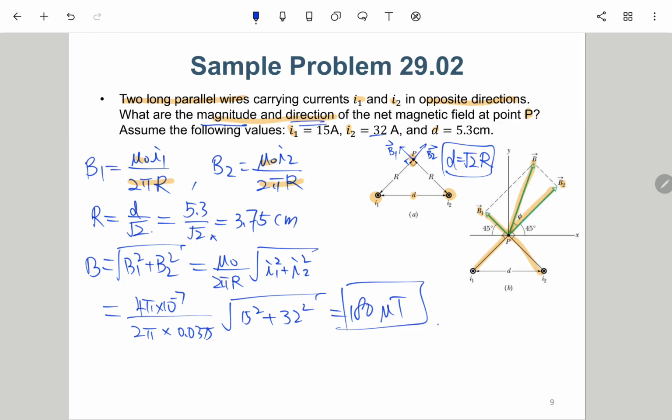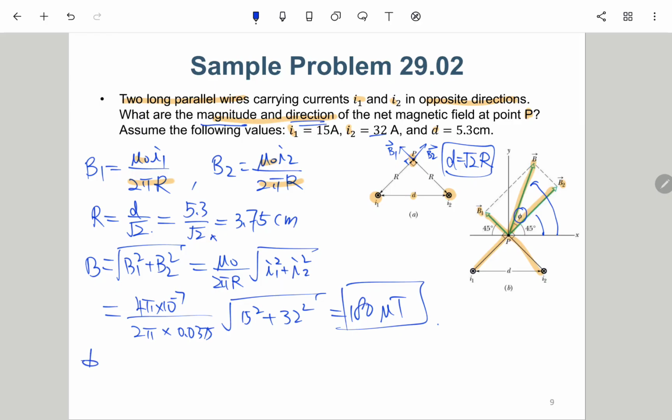We also need to determine the direction. For the direction, we can find phi, and this is 45 degrees. So adding phi to the 45 degrees will be the angle from the positive x-axis.